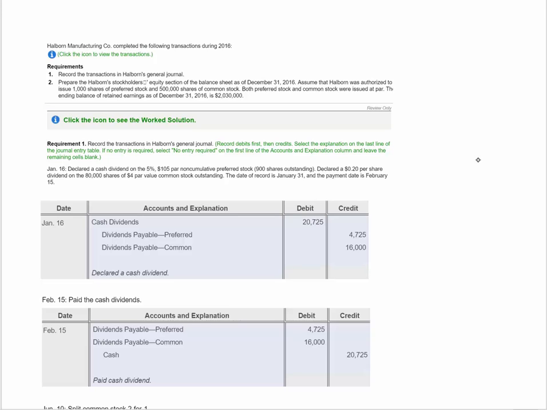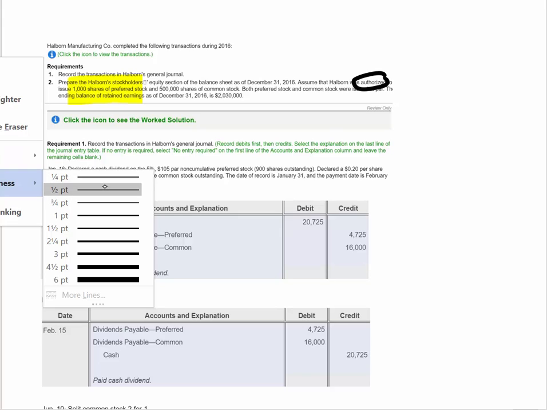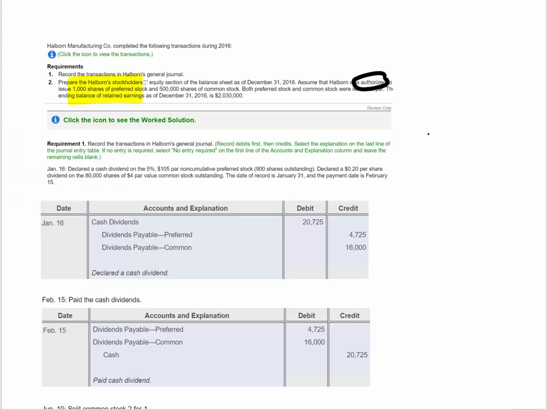For the preferred stock, we've got 1,000 shares authorized, and 500,000 shares of the common stock authorized.